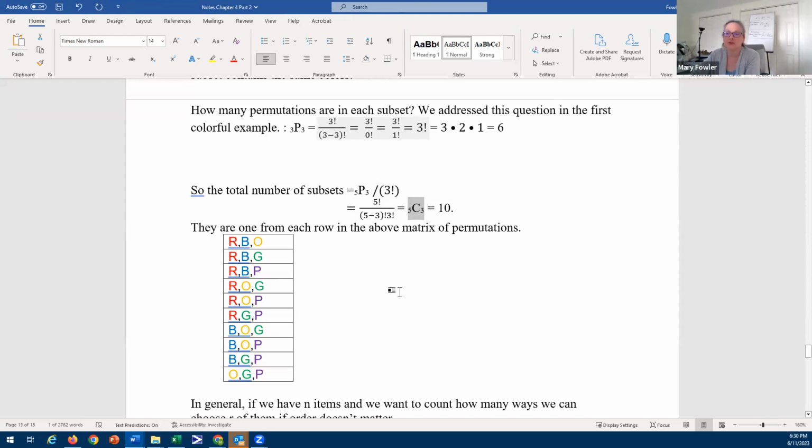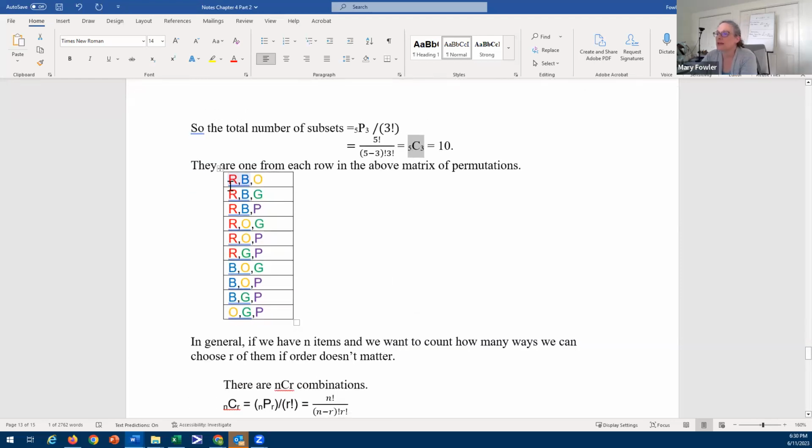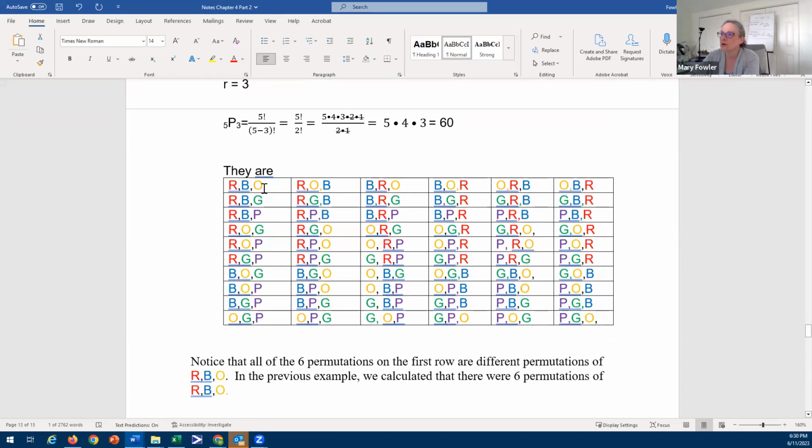That's 5 choose 3 or 5C3, and in this case that is 10. Okay, so there is 1 combination from each of the rows in the matrix above. So each row was a different 3 colors.